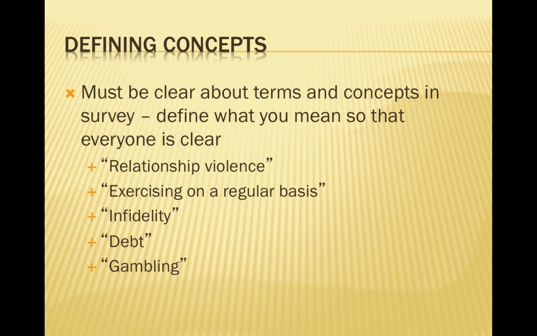So it could be a very different concept for different people. For your own research, you just have to define what you mean by that, so that everyone is clear going into it. Same with infidelity, debt, gambling, relationship violence. Just define it. It's better to define it and seem like you're overcompensating than it is to leave something up to chance or something ambiguous.